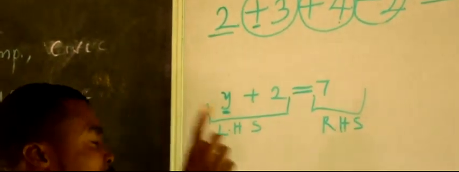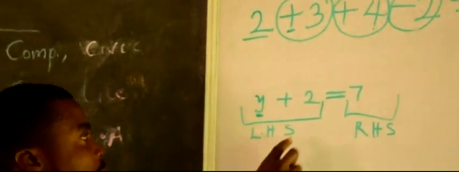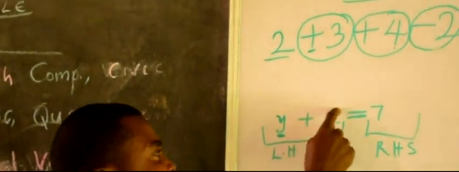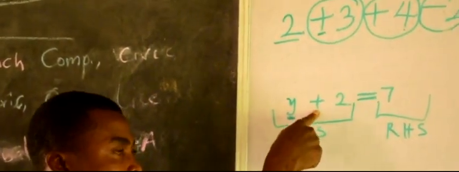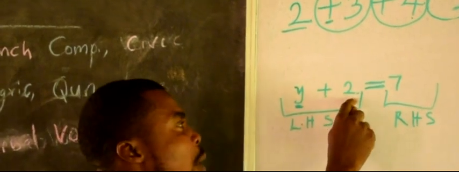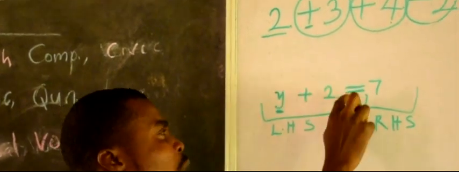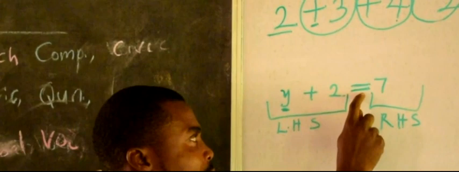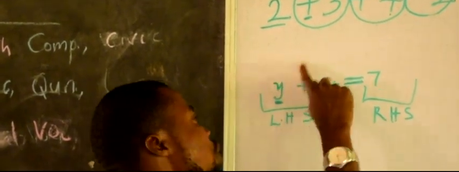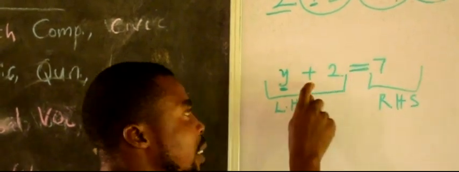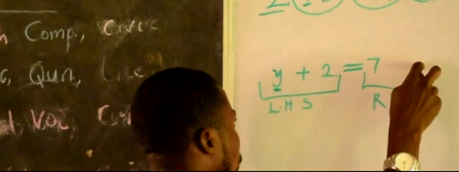Lo and behold, something will happen. This 2, the sign is plus. It's the owner of this plus. So it is moving away from this left hand side, crossing this bridge. If it is plus, it will change to minus. If it is minus, it will change to plus.